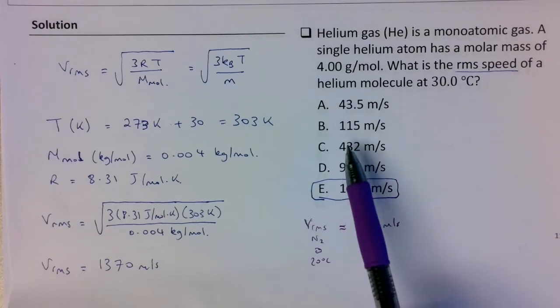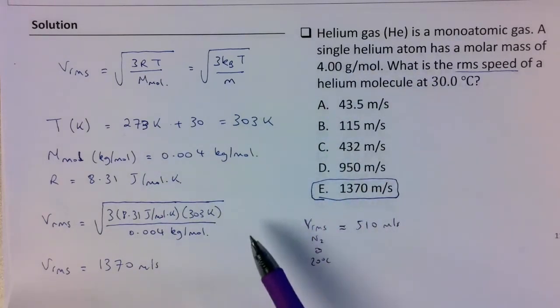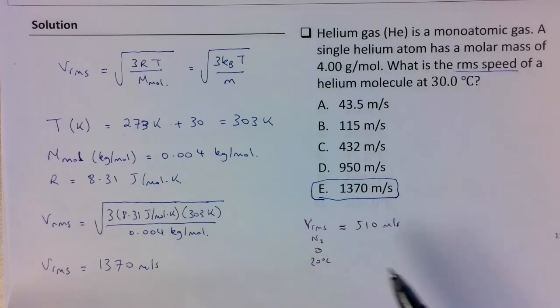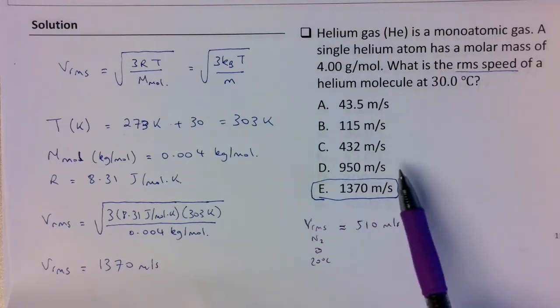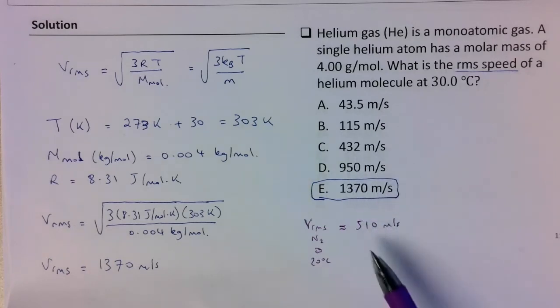So in both situations we should be expecting a speed greater than the speed of nitrogen at room temp. So the only reasonable answers are D and E. It's a way of doing some sense making before you make the choice. You could say, I expect it to be definitely above 500.